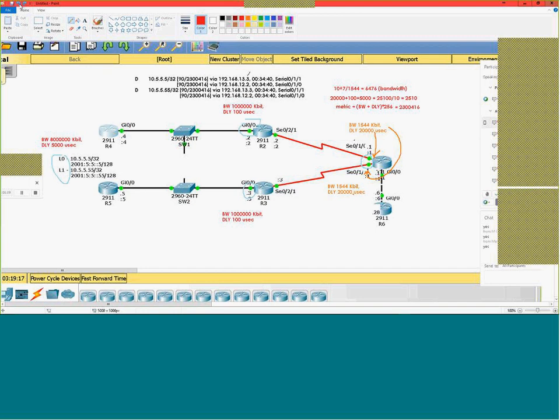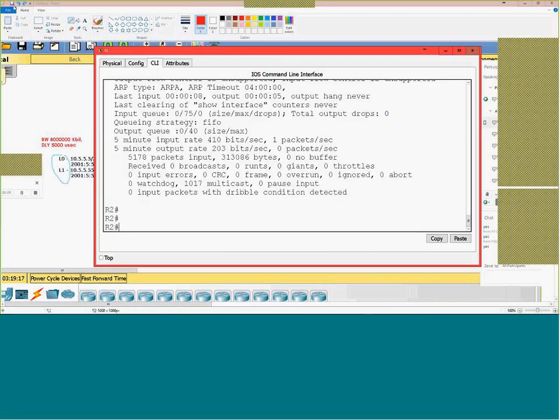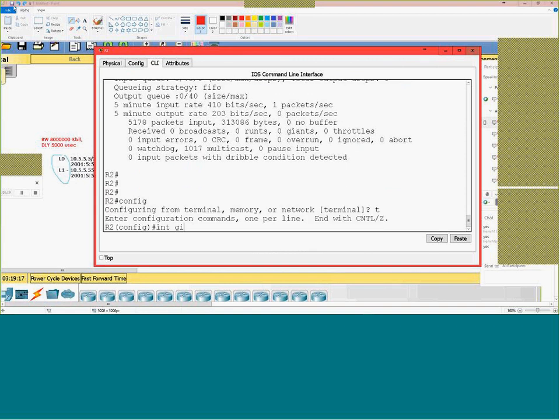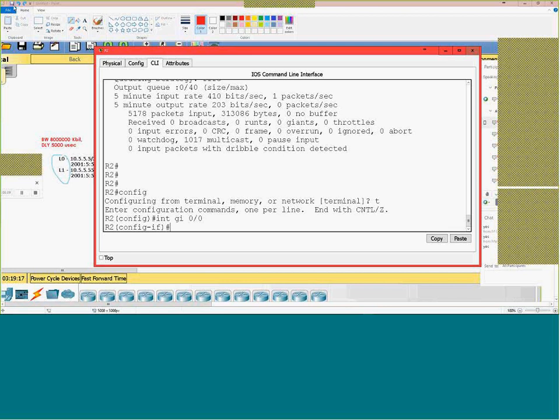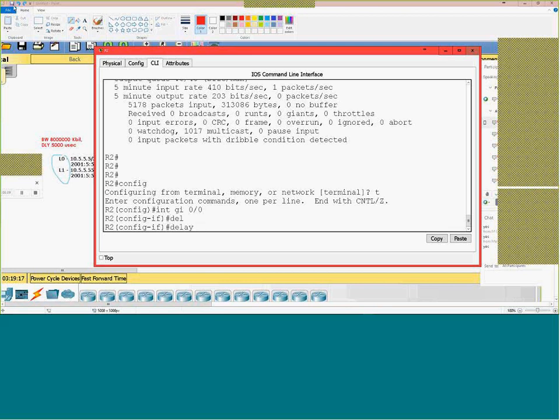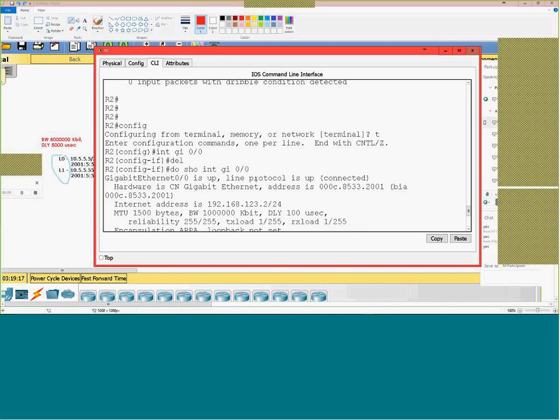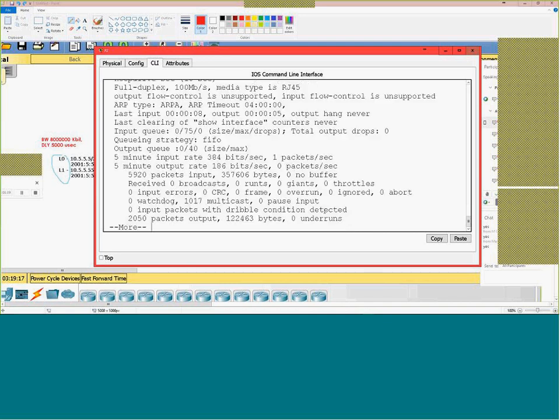All right, so let's go ahead, and I want to make the top path preferred. So what I'm going to do is go into router 2, config t, interface Gi0/0, and I'm going to say delay. Well, let me do this first. Do show interface Gi0/0. The delay of this interface is already 100. Okay.